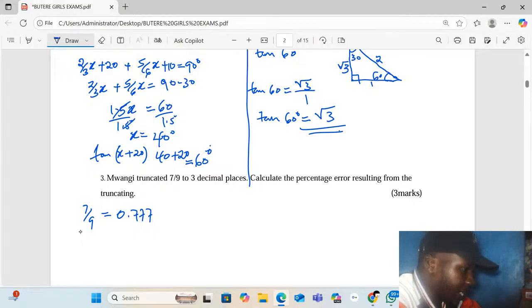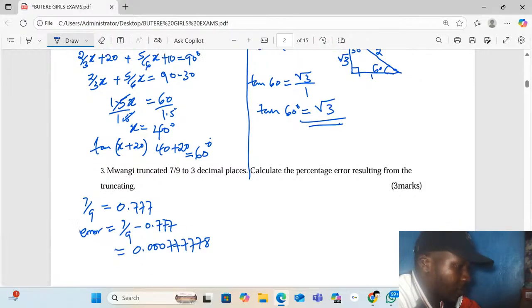So what is the error? The error is 7/9 minus what Mwangi truncated, 0.777, which is 0.000777778.